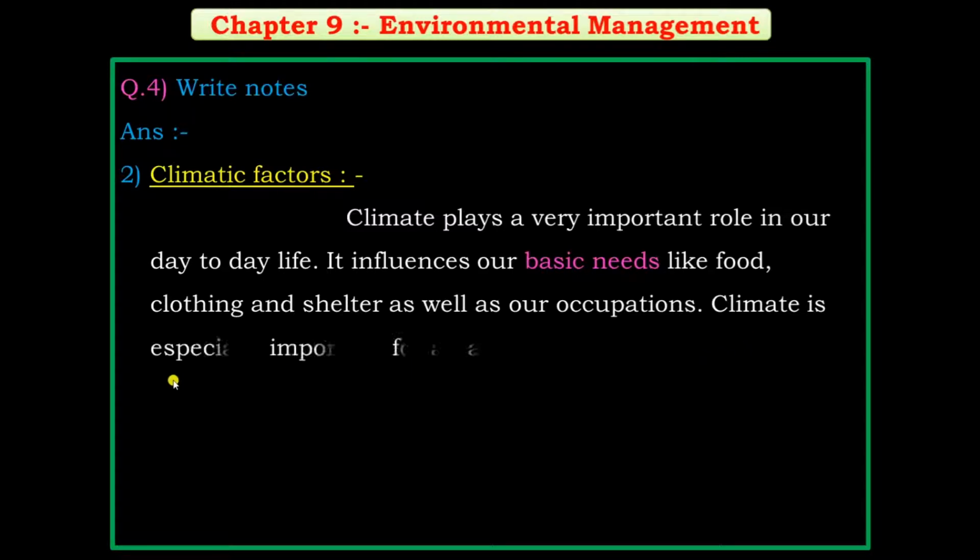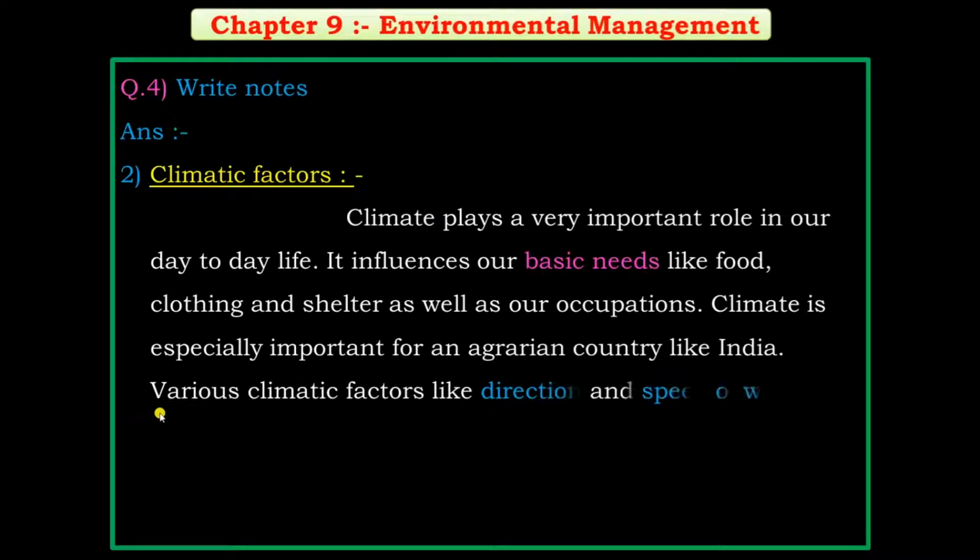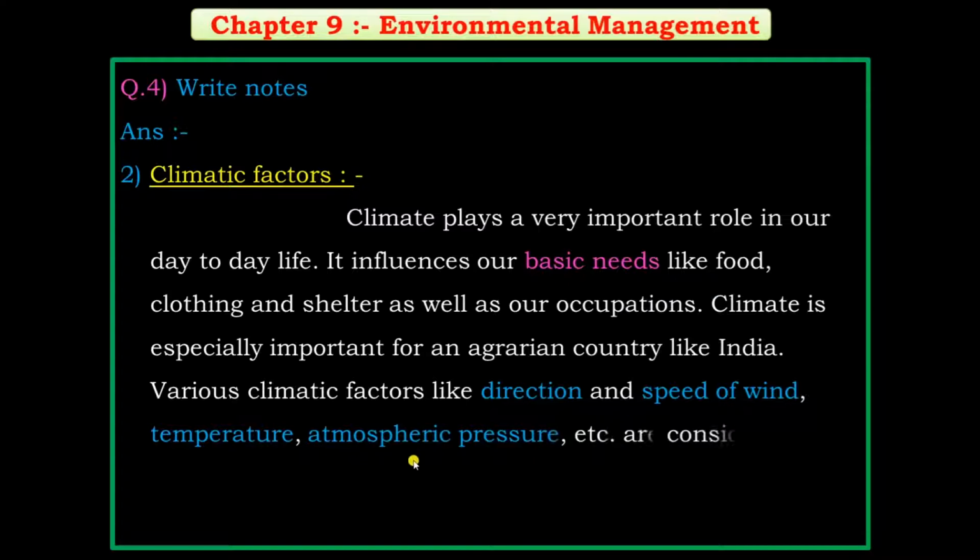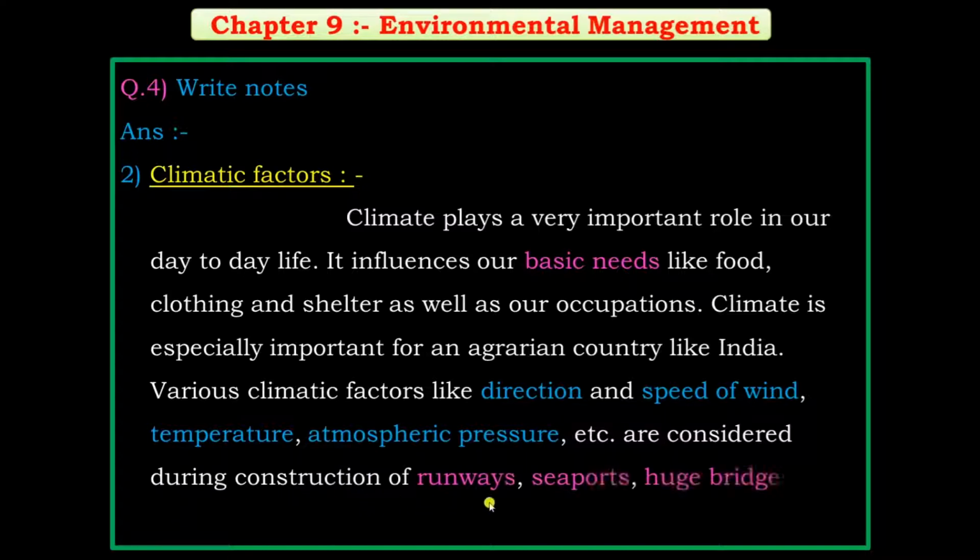Climate is especially important for an agrarian country like India. Agrarian means agricultural. Various climatic factors like direction and speed of wind, temperature, atmospheric pressure, etc. are considered during construction of runways, seaports, huge bridges, and skyscrapers, etc.